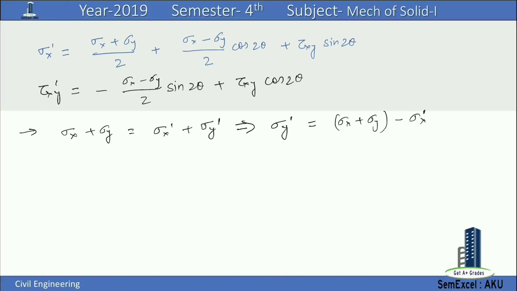So if we have calculated sigma x dash, then we will put the value of sigma x dash in this equation 1. Now what will be the resultant stress? Sigma r dash will be equal to root under sigma x dash square plus tau xy dash square.